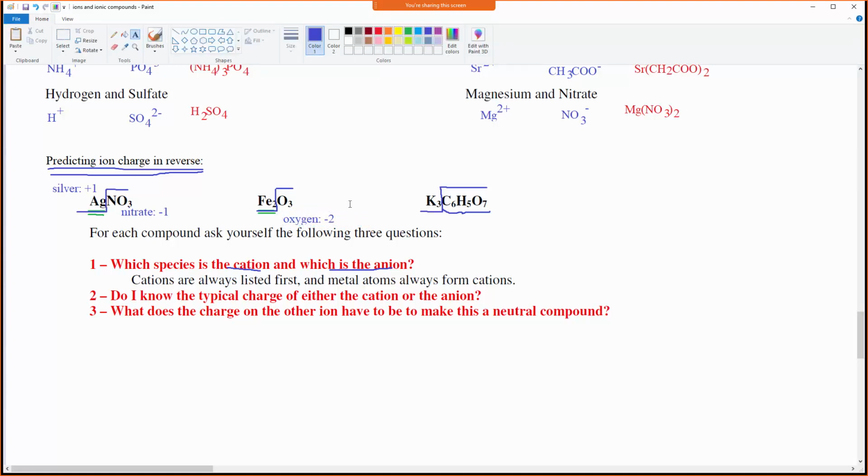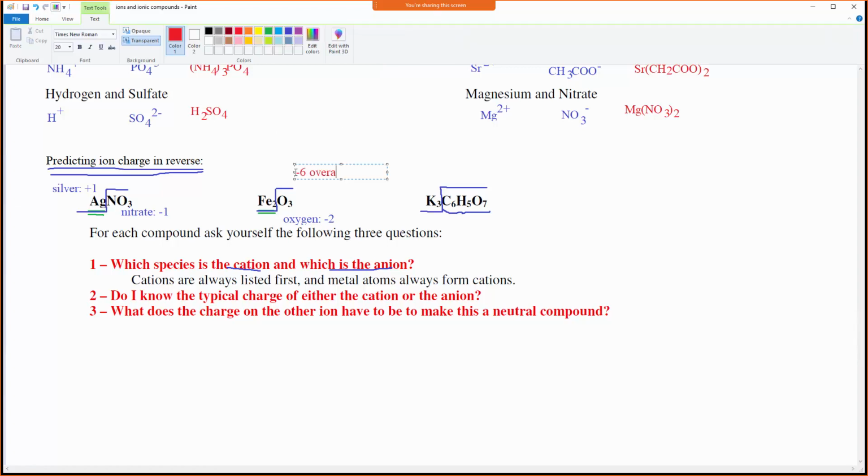Now this is tricky. There are 3 of them. 3 oxygen ions, each with a charge of -2, gives me a negative charge contribution of, Sarah said it, -6. I should say 3 oxygen ions times a -2 charge equals -6 overall.